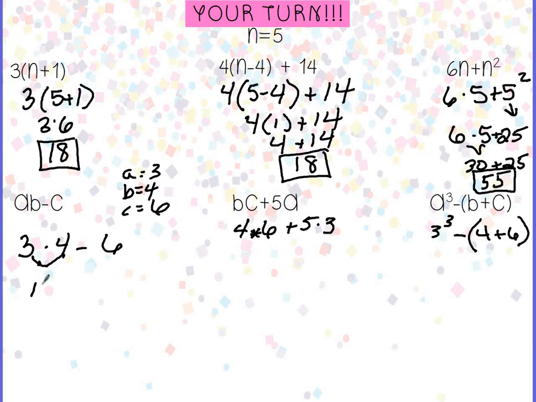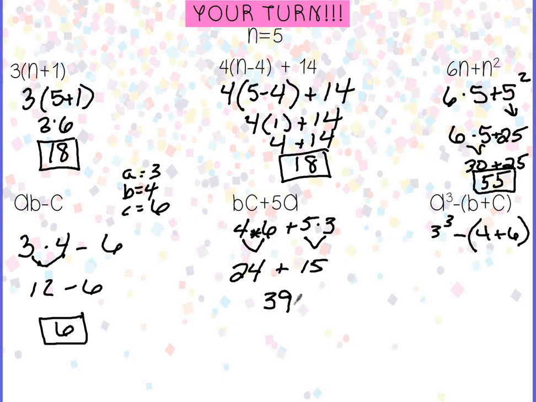And here I get 12 minus 6, which is 6. I have to do my multiplication first from left to right, so I get 24. Now, since this is multiplication and this is multiplication, and they're not connected with multiplication, like they're connected with addition, I could do these two steps together, and I would get 24 plus 15, which is 39.